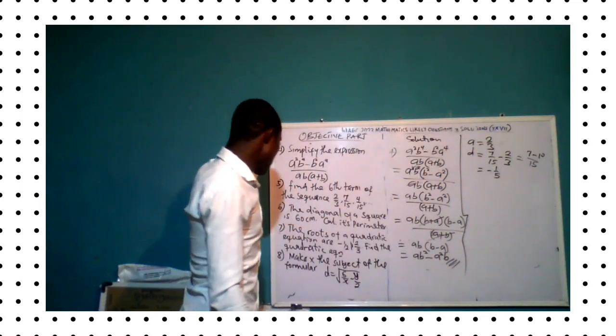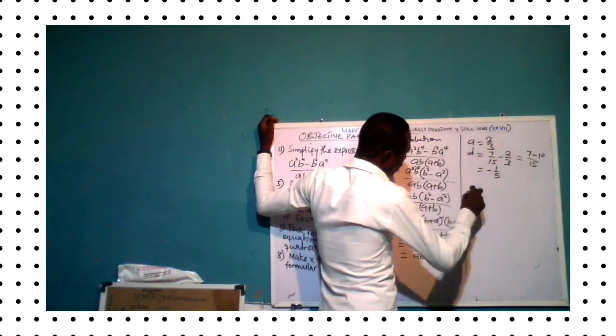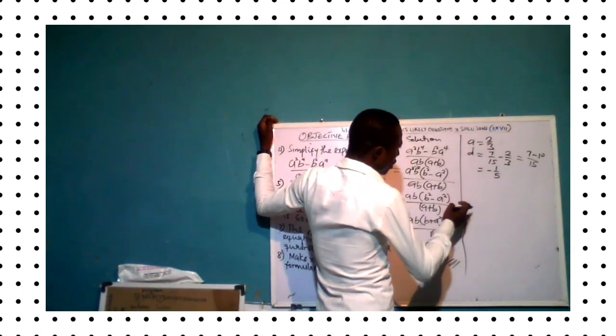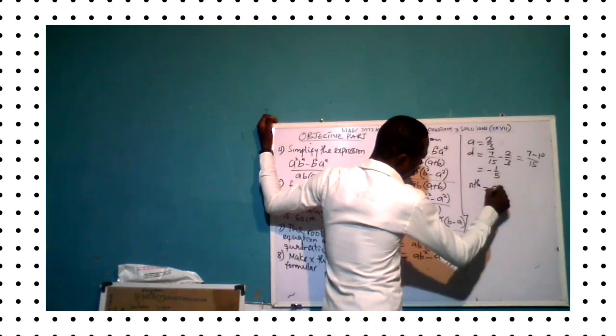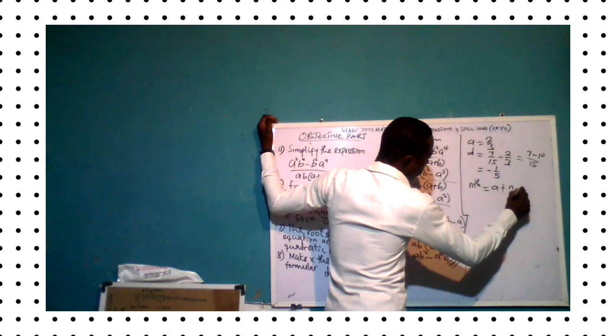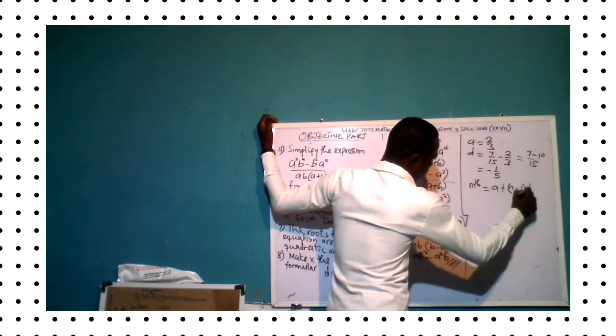And having done that, you go ahead and state the nth term of a sequence, which is given as the first term plus n minus 1 multiplied by the common difference.